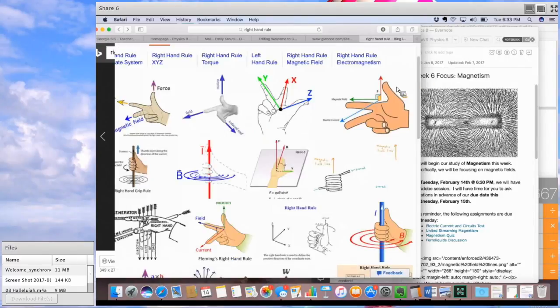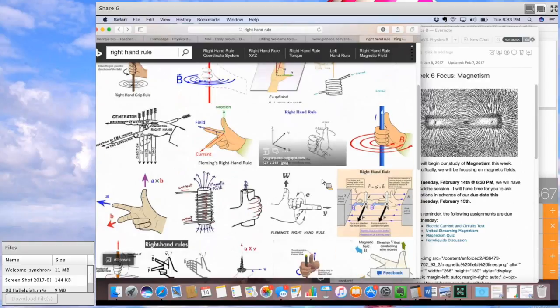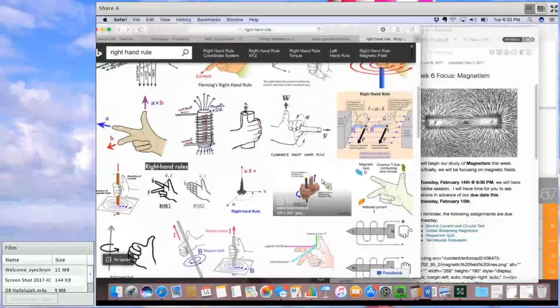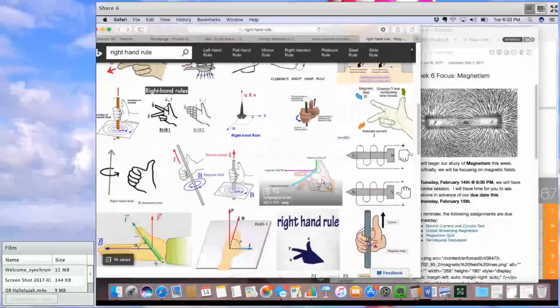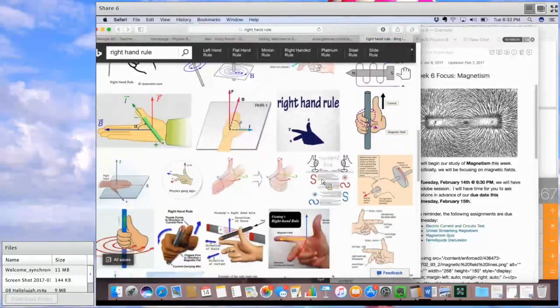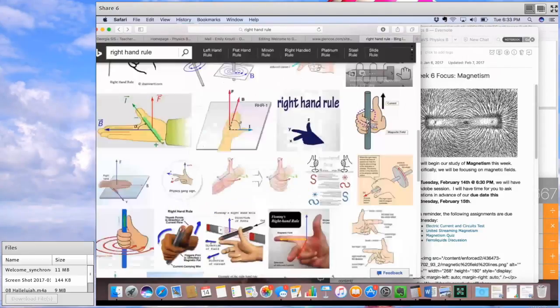So let me see if I can find the other kind. They call them right hand rule 1 and right hand rule 2. Sometimes these pictures are totally confusing to me. Well, this is tiny. Left hand rule. We don't want a left hand rule. That's just going to make more work.